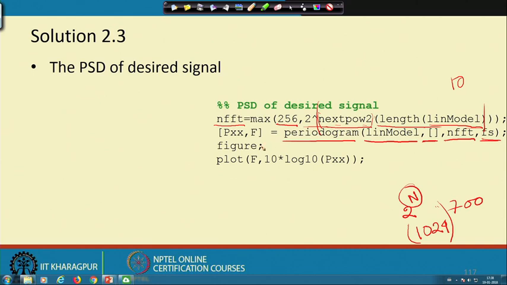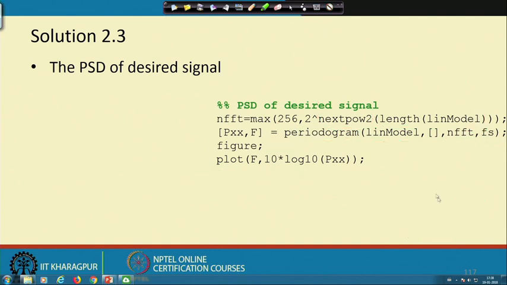Then we again create a pen using the command figure, and plot it against the frequency, taking the power in the dB scale. That is why we take log to the base 10 and multiply by 10.